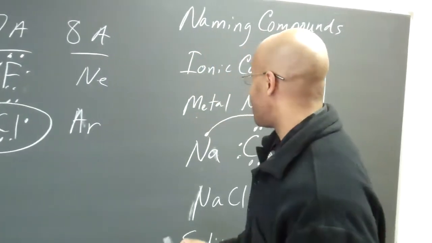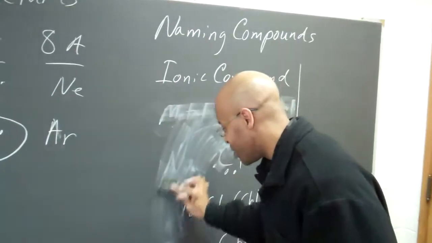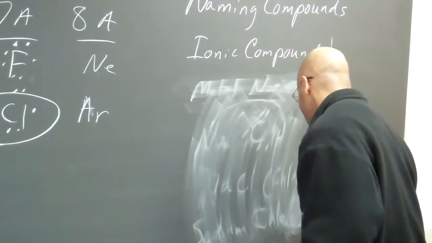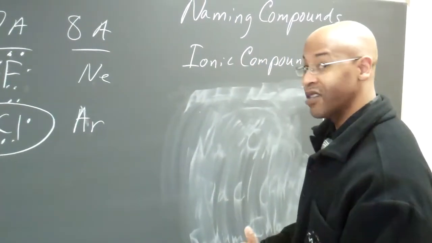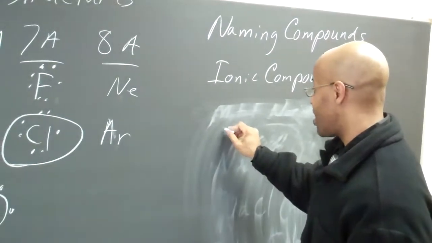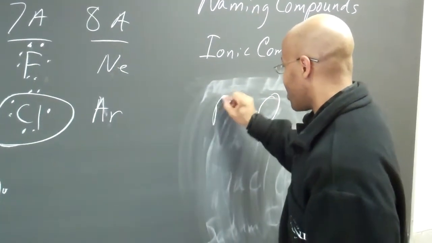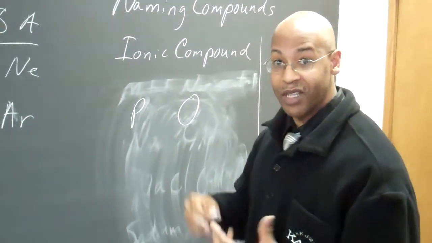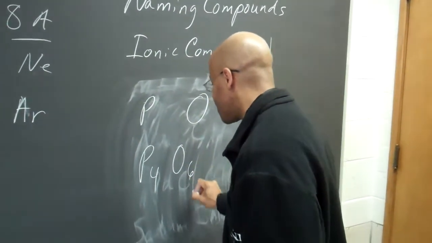A covalent compound has 2 nonmetals as its components. And those 2 components you should know because they would not be in the metal category. So if you can identify your compound as covalent, then you should have both nonmetals, phosphorus and oxygen. So why don't we name these 2 and see what we can come up with. What if we had P4O6?